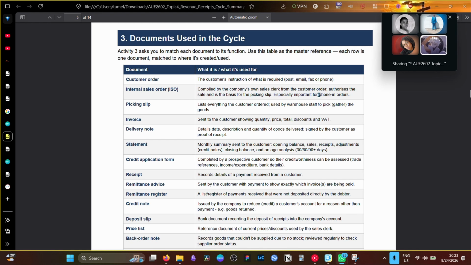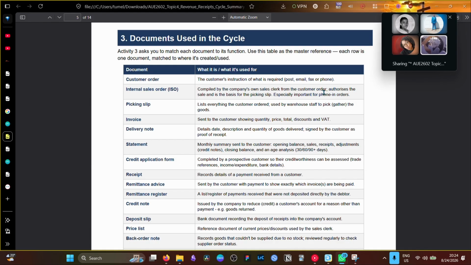I would say that in the credit, but it also enters in the warehouse and dispatch, the same as the picking slip, because in these notes it says either internal sales order or picking slip.